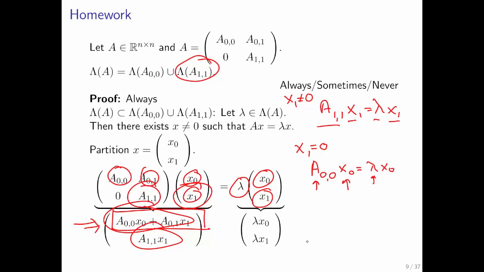So that means that lambda is an element of the eigenvalues of A00. Of course, it could be that both x0 and x1 are the zero vector, but actually that can't be, because then x would have been the zero vector. So what this shows is that lambda is either an element in the set of eigenvalues of A11 or an element in the set of eigenvalues of A00.